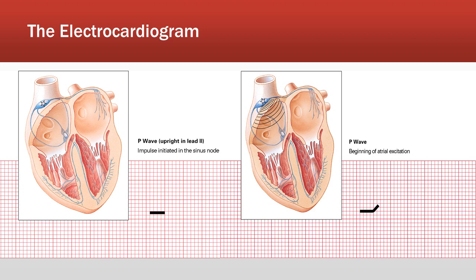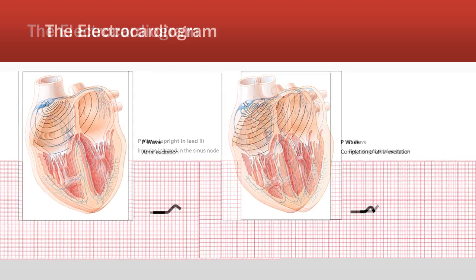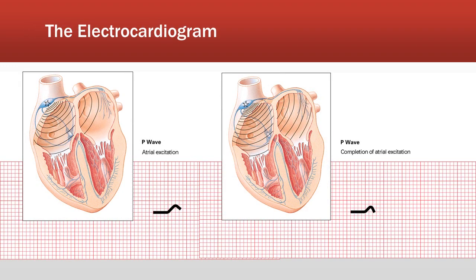As you can see, the star is the start of our electrical impulse in the SA node, and that's an isoelectric line. Then it moves through the intranodal or intraatrial pathways, and that deflection starts up for our P wave. As it moves through the atriums to the AV node or junction, it will complete the P wave.